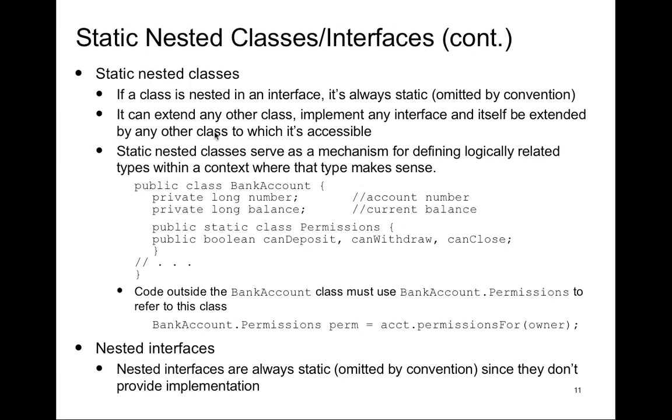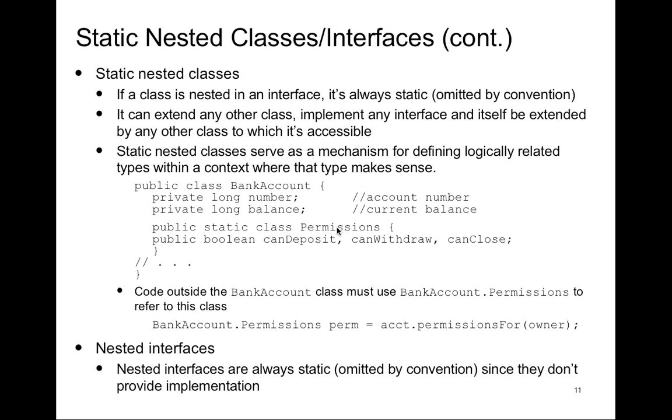So static nested classes: if the class is nested in an interface, it's always static, so you basically omit the keyword. Here's an example down here. This is the bank account concept. We have a public class BankAccount with two private data members, and a public static class Permissions.